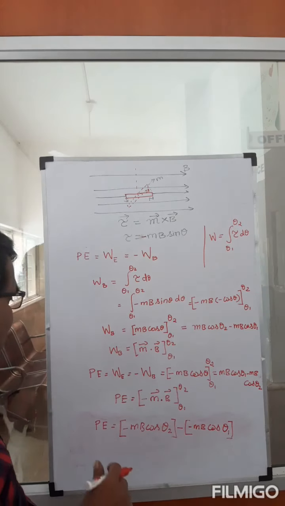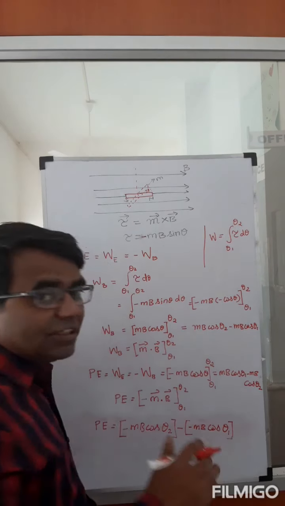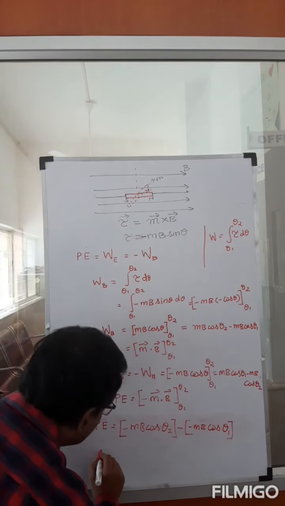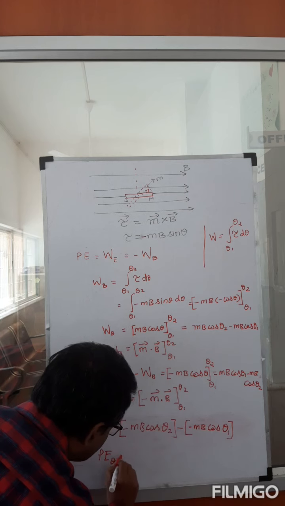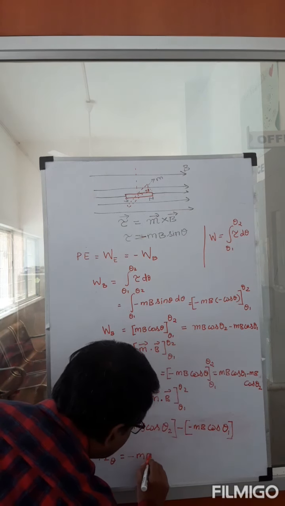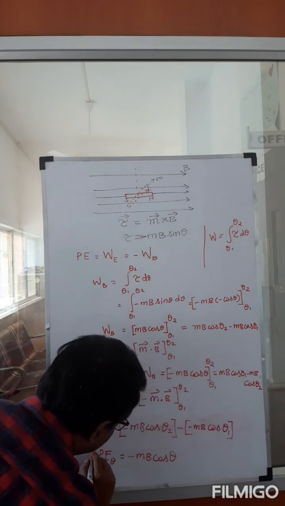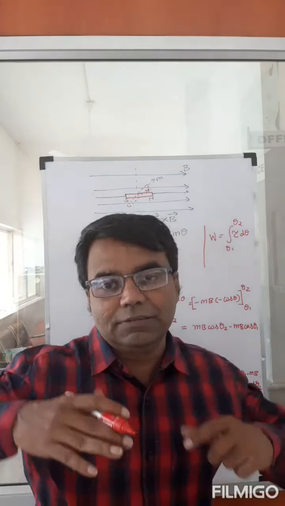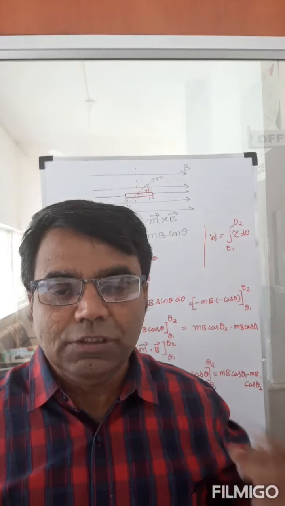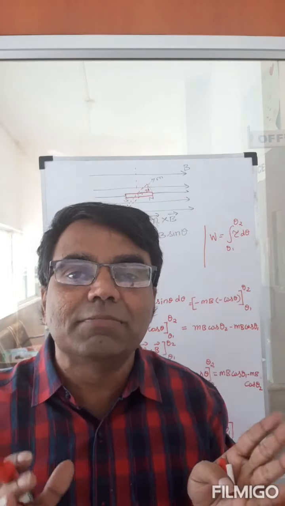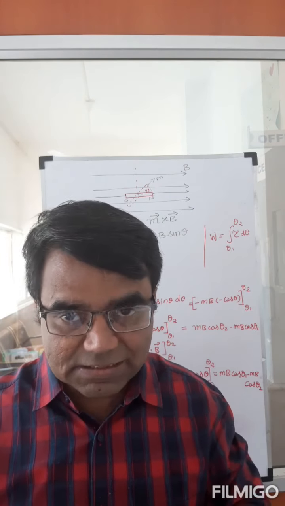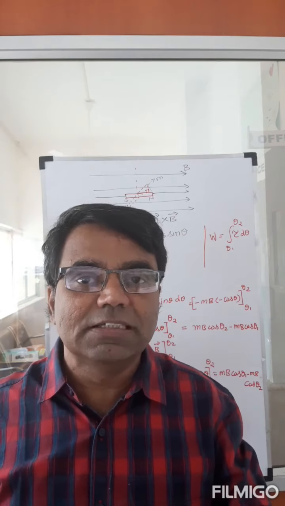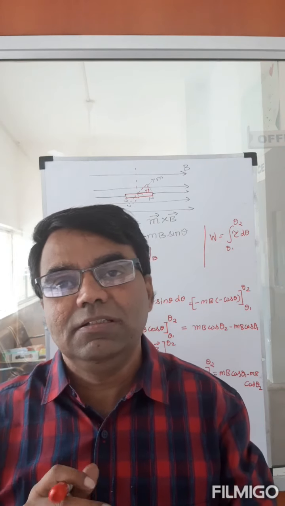So this way I can assign a potential energy number to every angle. So I say that potential energy at an angle theta is simply minus mb cos theta. So if you go from theta 1 to theta 2, the potential energy at theta 2 is minus mb cos theta 2, minus the potential energy at theta 1, which is minus mb cos theta 1.